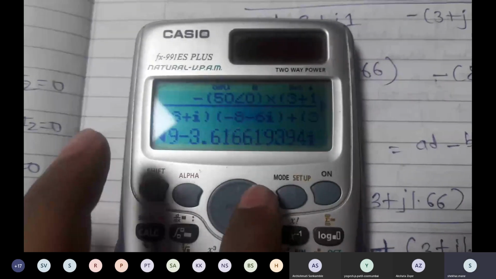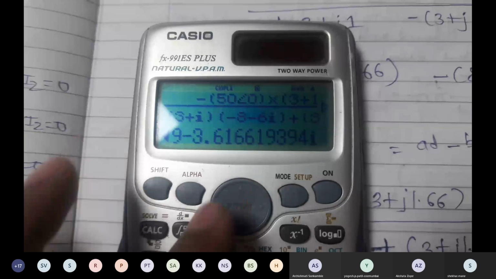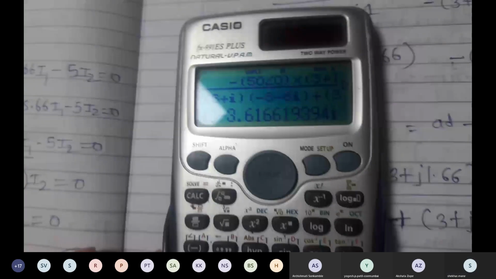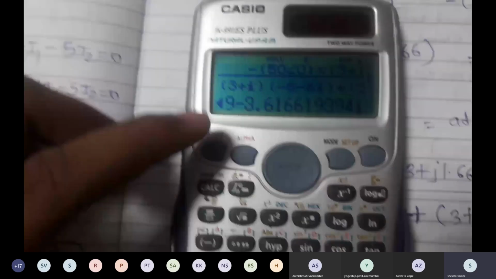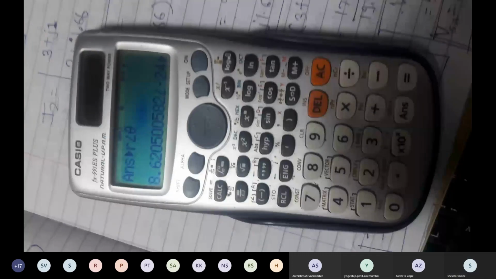So shift complex. See this button, complex. Shift complex, then press 3 because we want this in polar form. Press 3, then equal to. Now you will get the answer 8.62 angle minus 24.80.